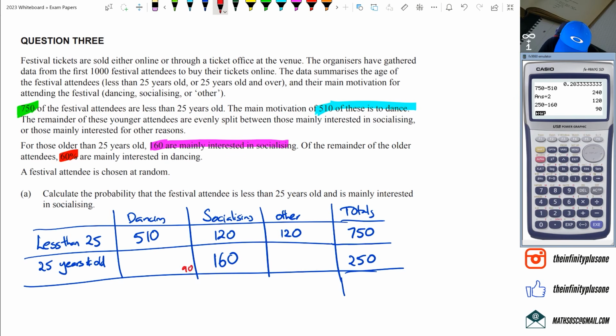Basically that's saying that both of these boxes are going to add up to 90, but 60% of 90 is there for dancing. So we're going to go 0.6 times 90, which gives me 54. And if that's 54, then 0.4 times 90, that's the 36. So as you can see, that 54 and 36 is equal to 90.